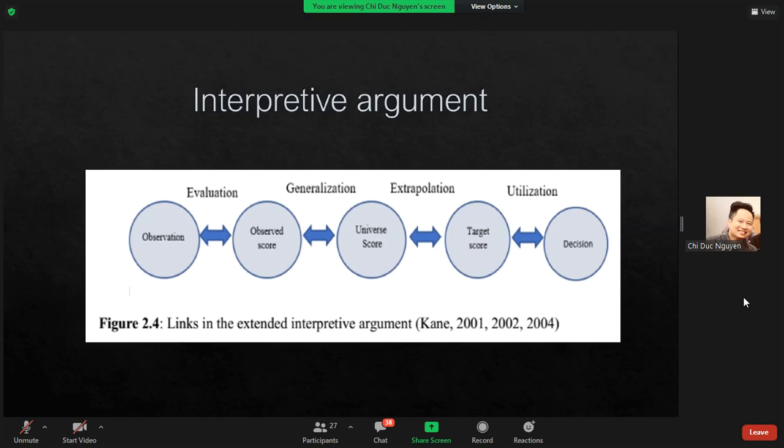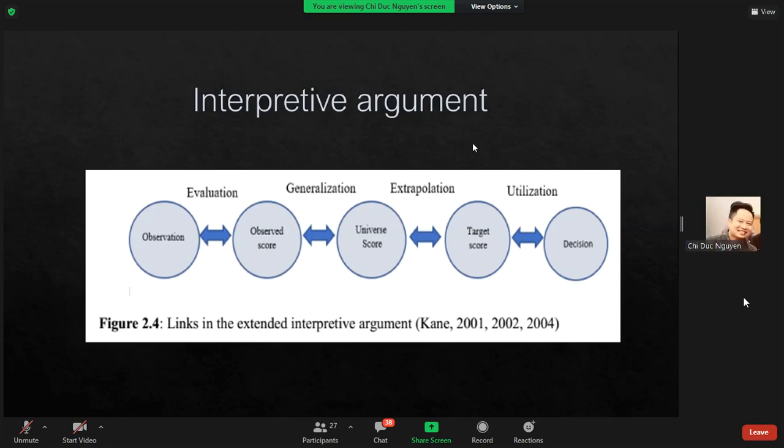So what kind of evidence do we need to have here in order to justify this one? In order to justify this assumption, this inference, this claim, what kind of evidence do we have to make? Phạm Thu Hằng. Yes.